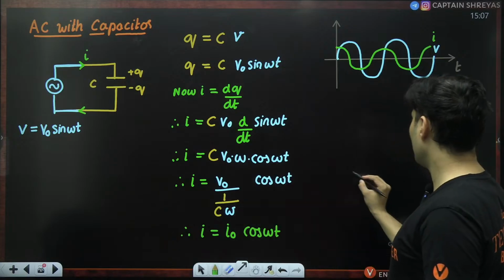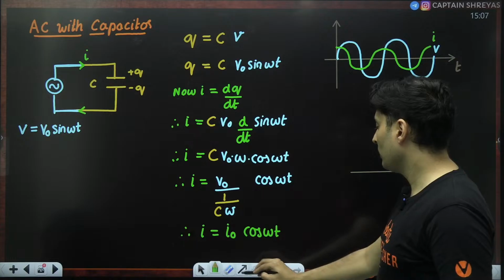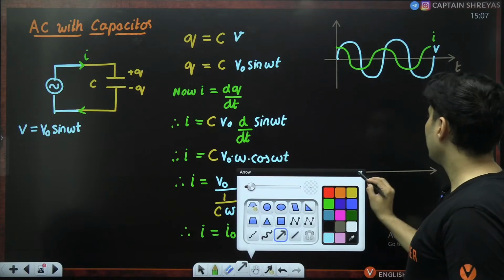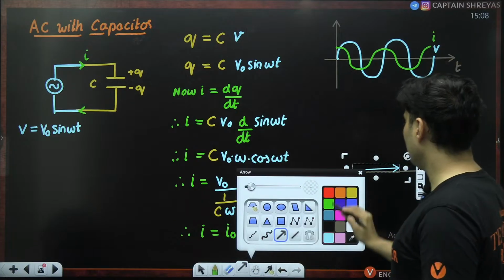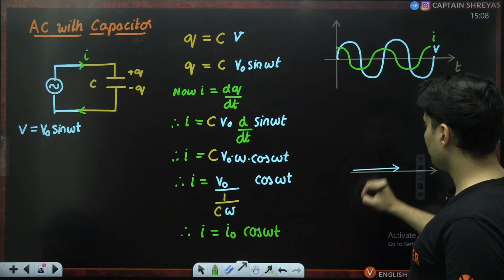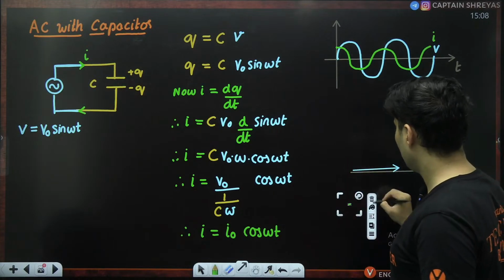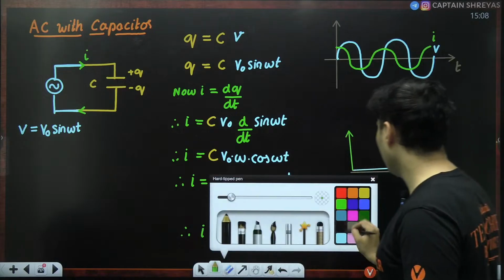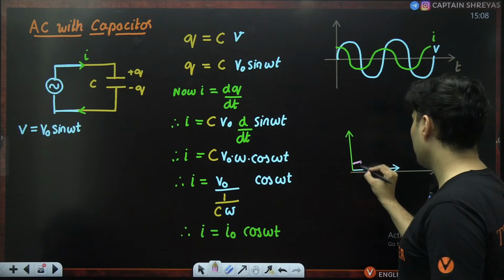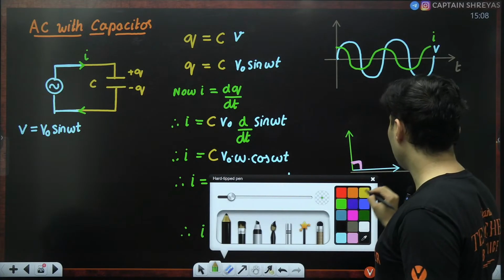In fact, if you show a phasor diagram over here, you will quickly realize that if the voltage phasor is like this, the current phasor will be like this, and the angle between them will be 90 degrees.